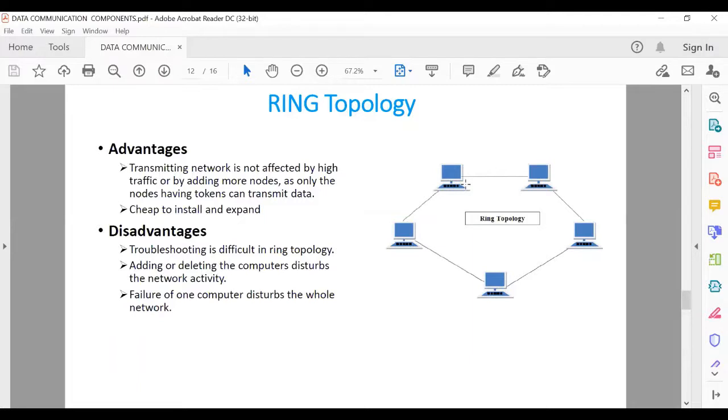Disadvantages are like troubleshooting is difficult in ring topology because every device is connected with each other. Each one is connected to two neighbors like this.